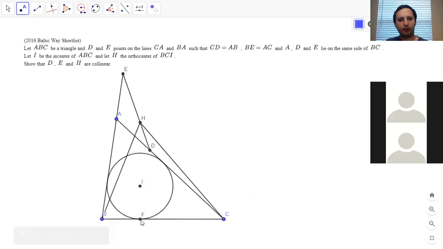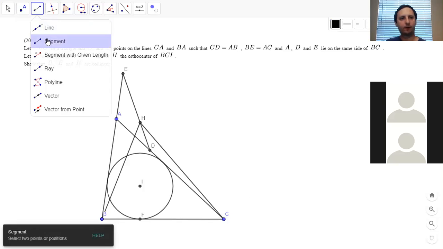Maybe it's worth drawing this point right here. So HI and F are collinear.